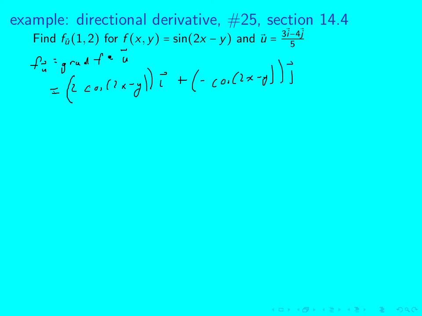And then we're going to take that whole gradient vector and dot that with the unit vector, so that's 3/5 i minus 4/5 j.